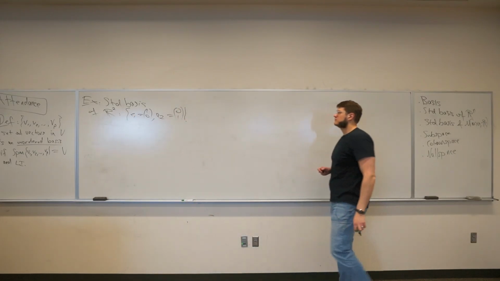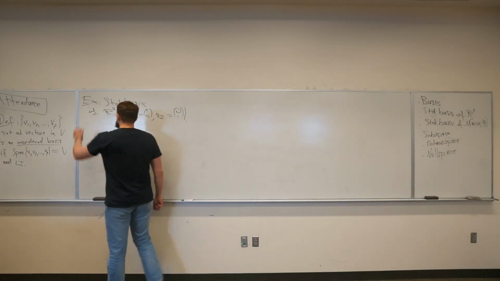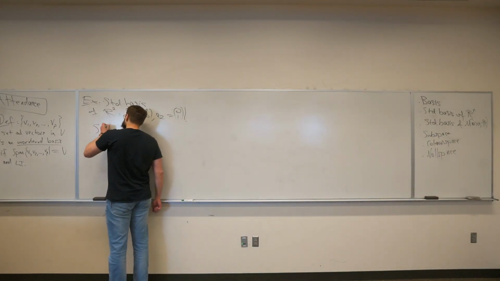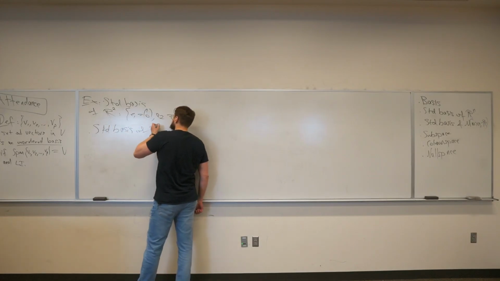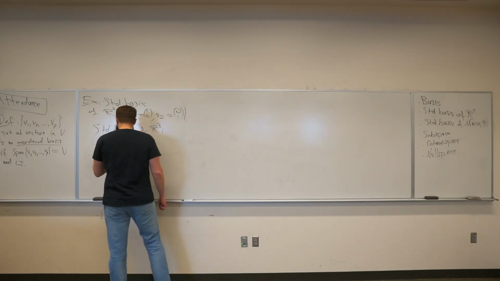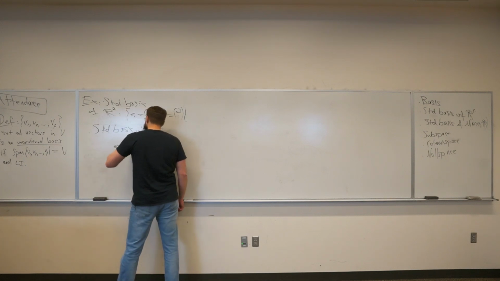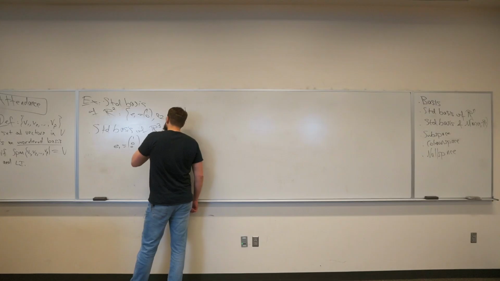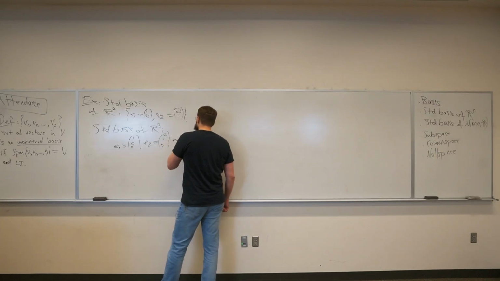In 3 dimensions, of course, you have the x-axis, y-axis, and the z-axis. Again, I'm going to call the first axis E1, so (1, 0, 0). And E2 is (0, 1, 0). E3 is (0, 0, 1).